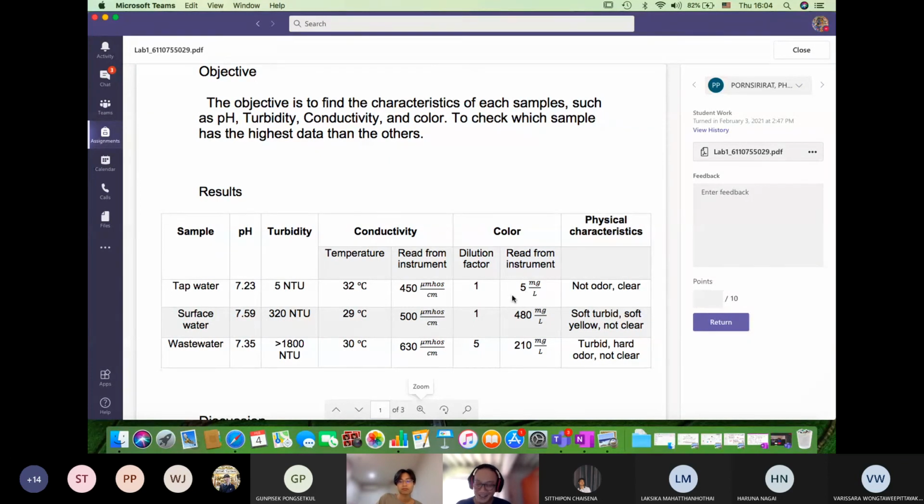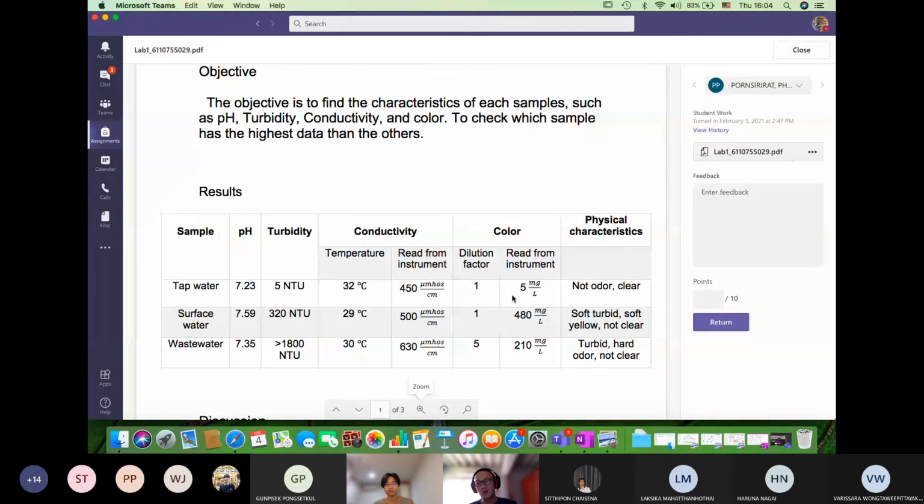The wastewater, of course, is dirty, so the color is high. We know that. So we shouldn't compare a wastewater with the tap water, and then we shouldn't come up with the conclusion that tap water has better water quality, because of course if it is tap water and the quality is not good, then we will not consume it.